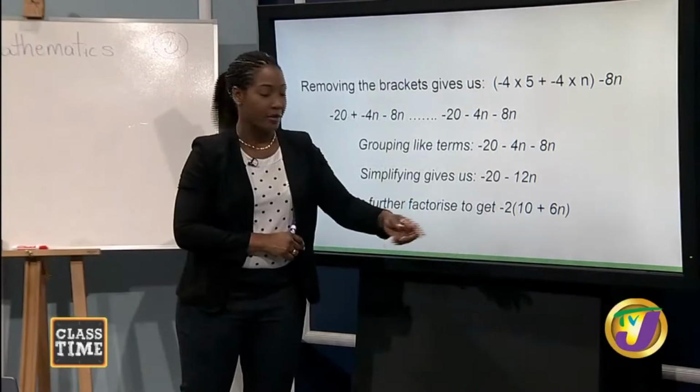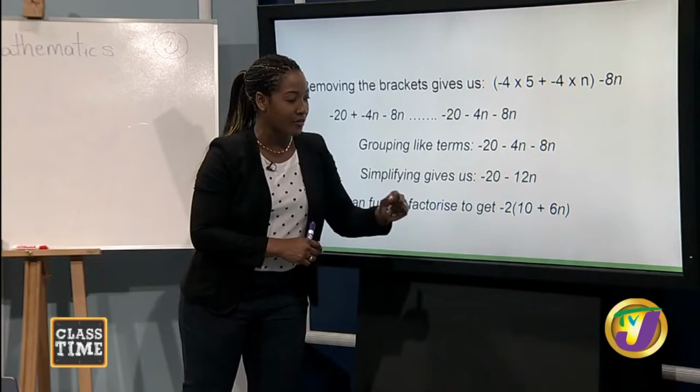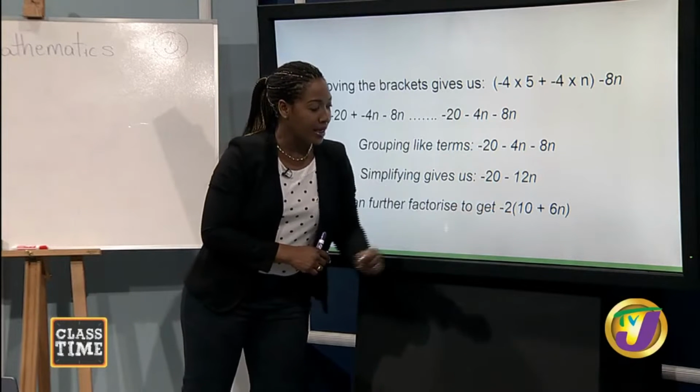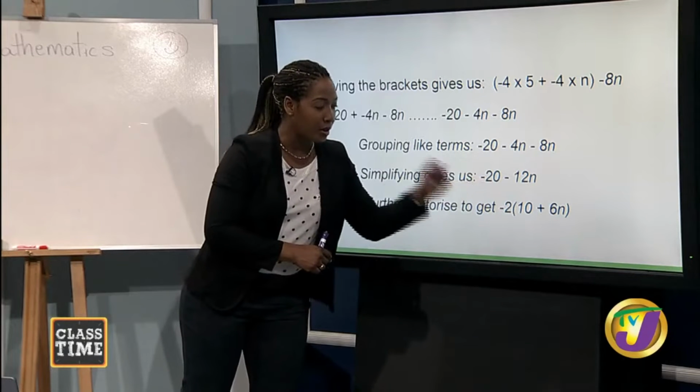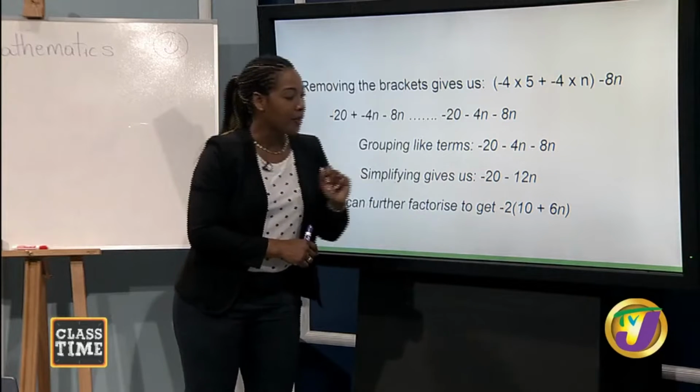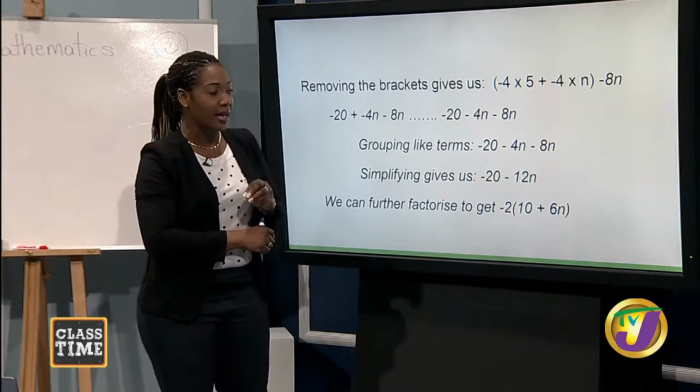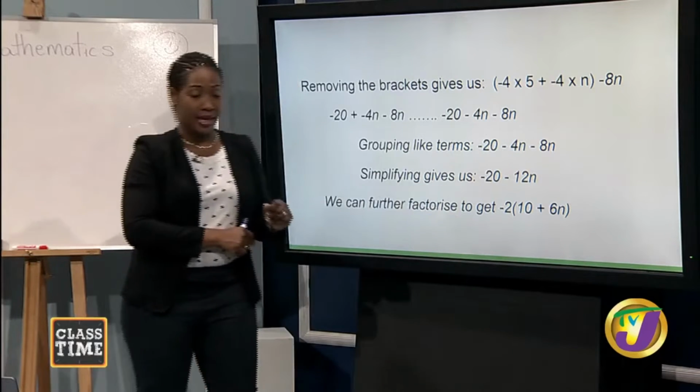What do I mean factorize? Negative 2 divided into negative 20 gives me 10. Negative 2 divided into negative 12n gives me positive 6n.